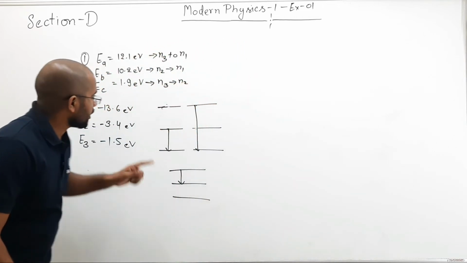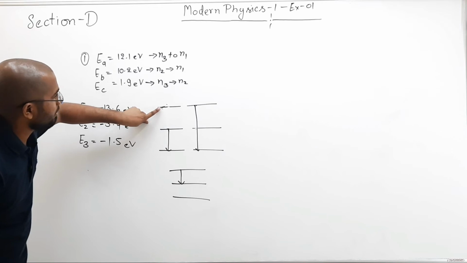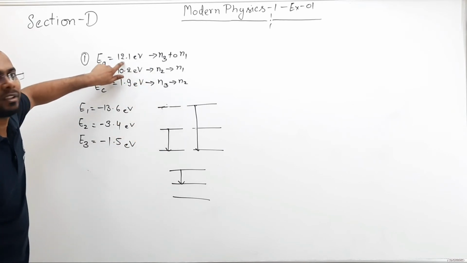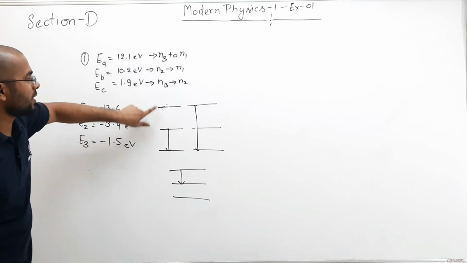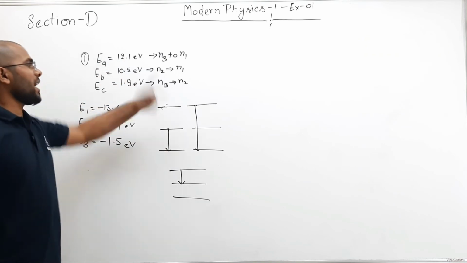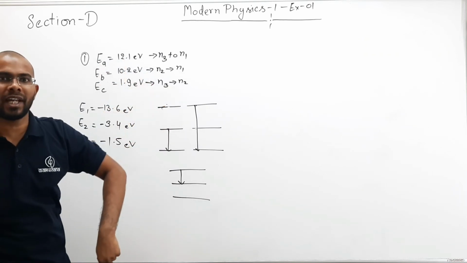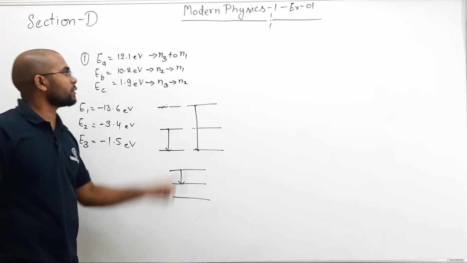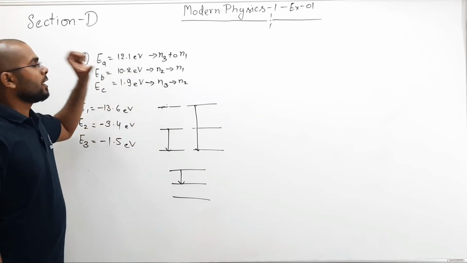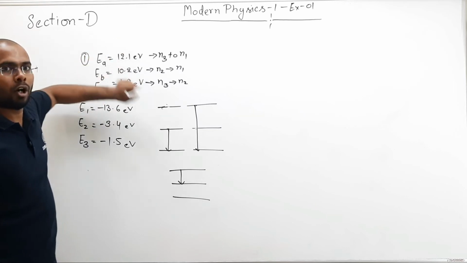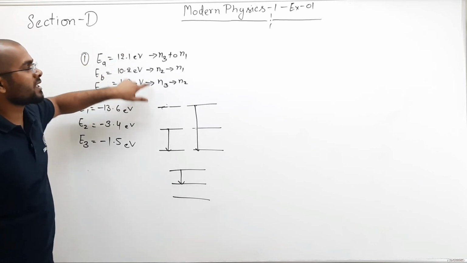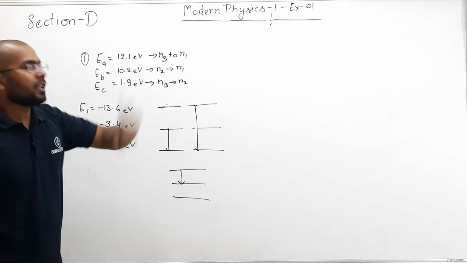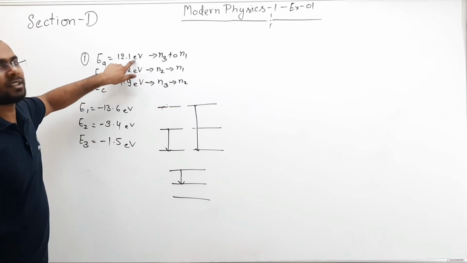Why? Because once the electron jumped from third to second, second to 1, what about this energy? For this energy, it has to jump from 3 to 1. It cannot go back from 1 to 3 and then again jump, right? So either you need 3 different atoms, each one electron emitting 1 photon, or these 2 photons can be emitted by the same electron and you will need another electron to emit this energy.